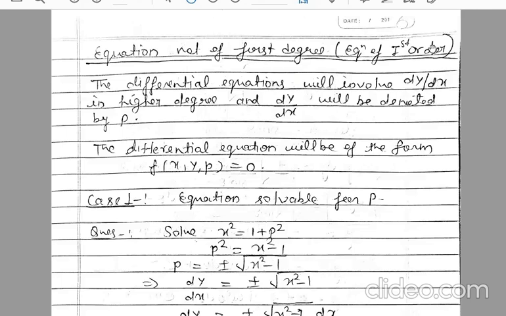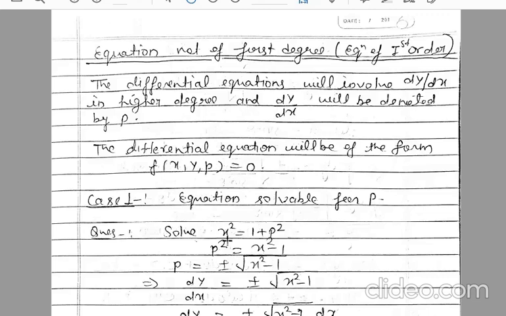Now we will get dy upon dx in higher degree, so dy upon dx we can write as p. Now the differential equation will be of the form f of x, y, p is equal to 0. That equation is called equation of first order and not first degree, right? And our equation will always be in the form f(x, y, p) = 0, right?